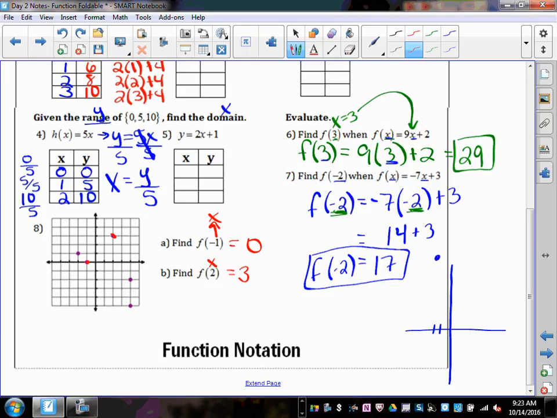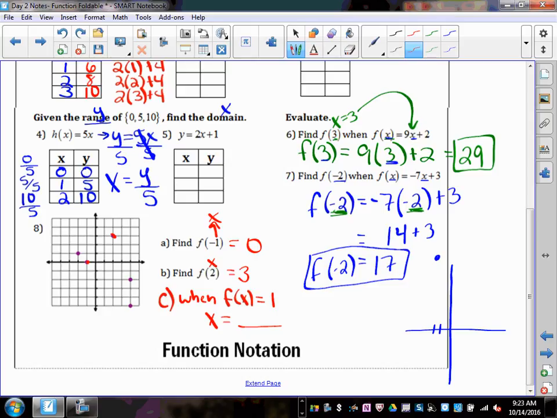Now here's a trickier one. When f of x equals 1, x equals what? This is a trickier one. When f of x equals 1. What does f of x represent?